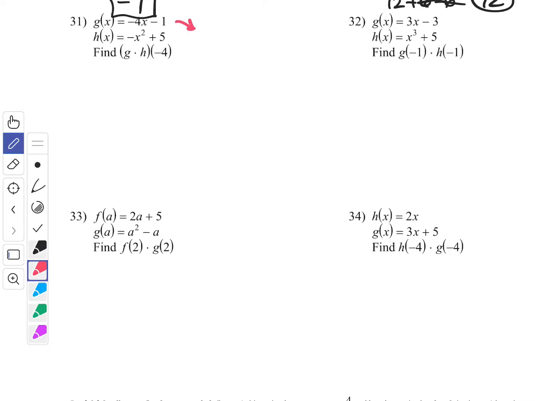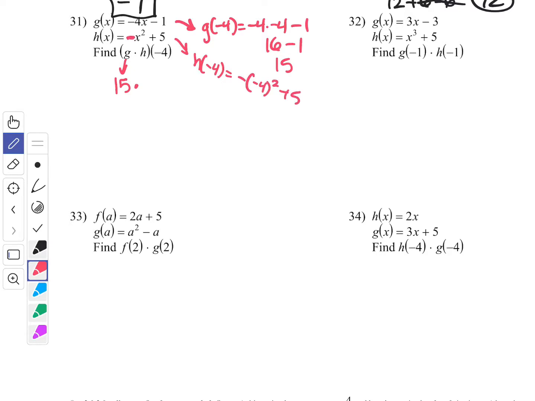Okay, so G of negative 4 equals negative 4 times negative 4 minus 1. Negative 4 times negative 4 is positive 16, minus 1 is 15. So I know G of negative 4 is 15. Now we do H of negative 4, so negative 4 squared plus 5.